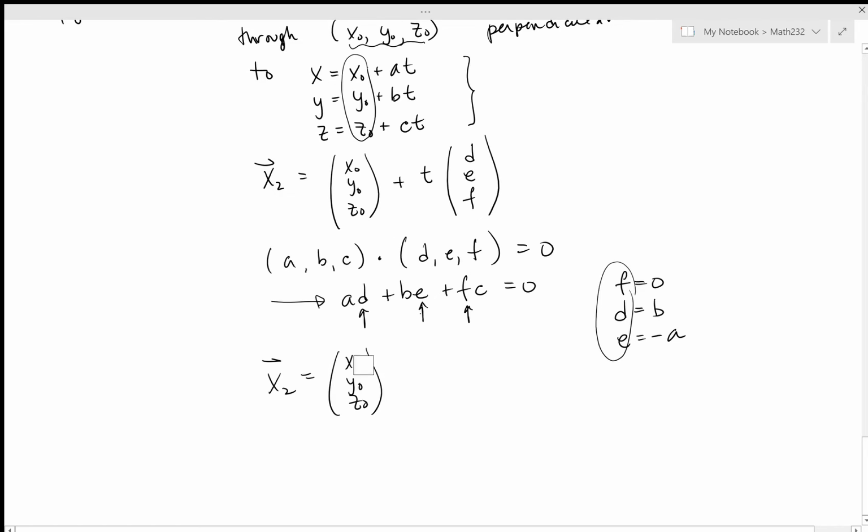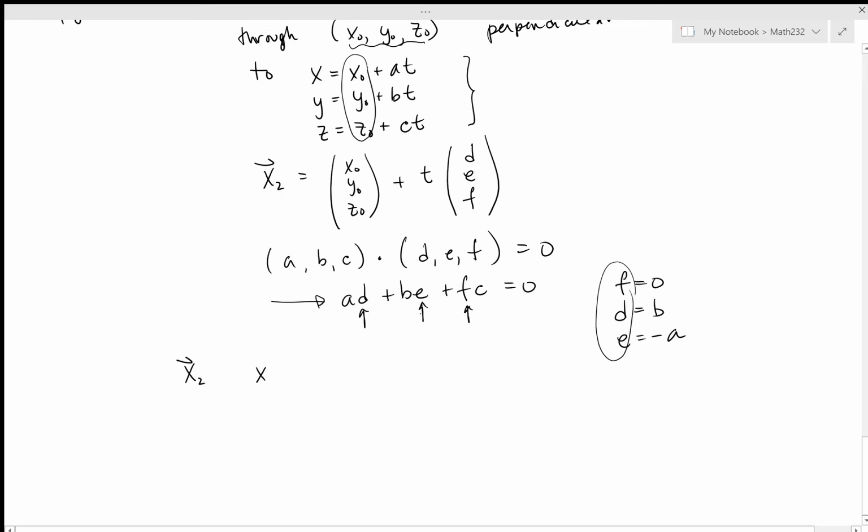Maybe I'll write it out parametrically because that's how the other line was written. So I'm going to have this as x2. For this x2, it's going to have an x component.